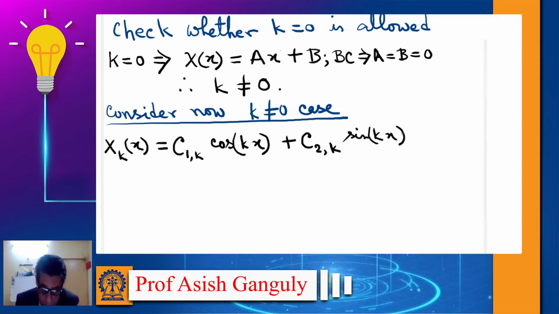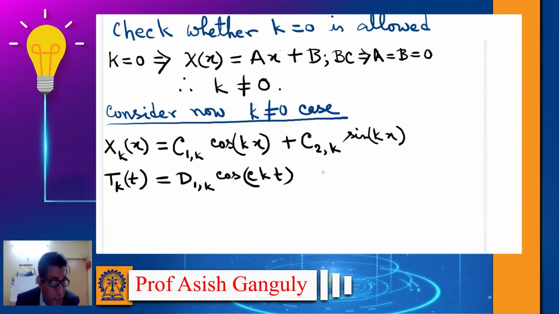Similarly, you will get T_k(t), the same type of solution. We will label it as d1k cos ckt plus d2k sin ckt.